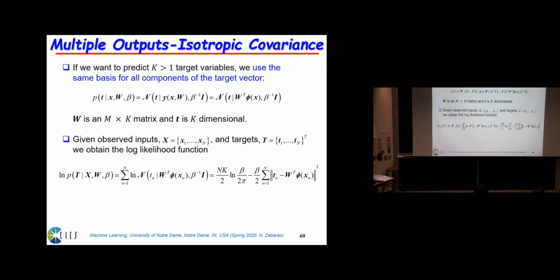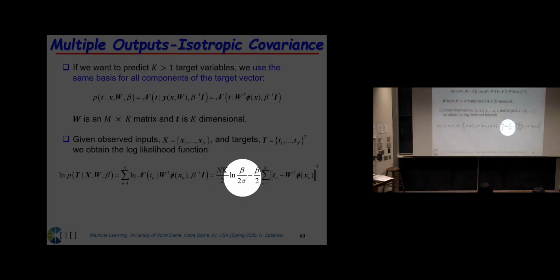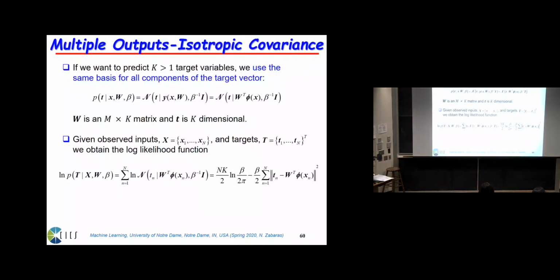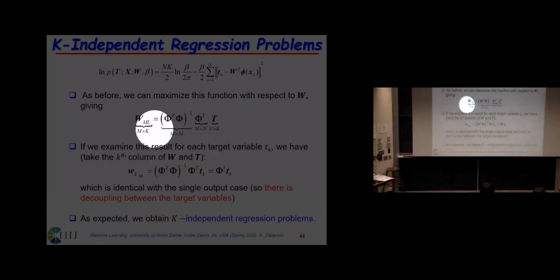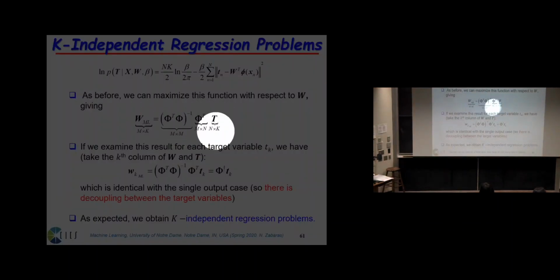All right? It would be very painful to work with components here. Okay? So if you write the log likelihood, this is what you get. Nothing new. This comes from the square of the Gaussian, and this is from the normalization factor. And so the MLE estimate for the matrix W is this wonderful thing that looks like least squares.